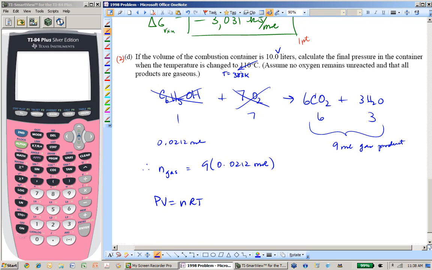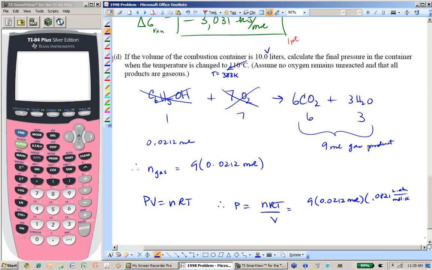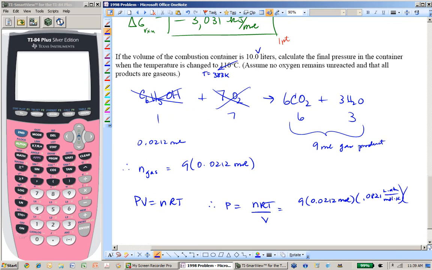So I've got a T, I have a V. They want me to solve for P. I know R. I needed this n, which I just figured out. So therefore, P equals nRT over V equals 9 times 0.0212 moles, times 0.0821 liter atmosphere per mole Kelvin, and the temperature was 383 Kelvin.